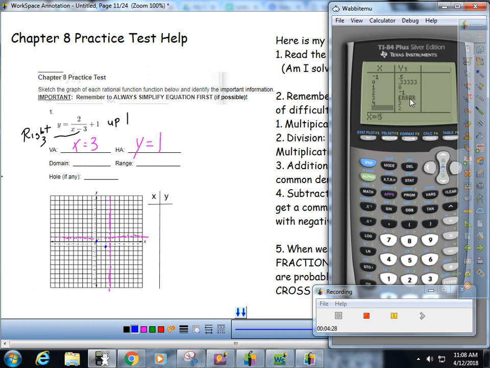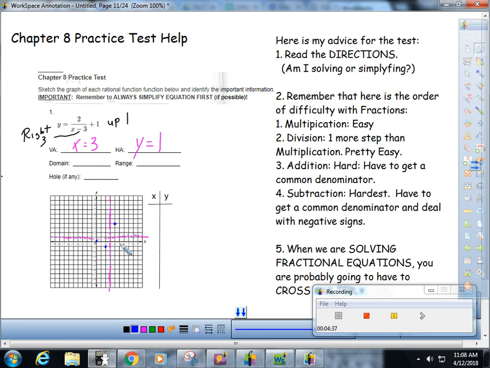Notice that we have an error where our vertical asymptote is. That's awesome. 4, 3, and 5, 2. So that gives us an idea what it's going to look like and where. And there we go.